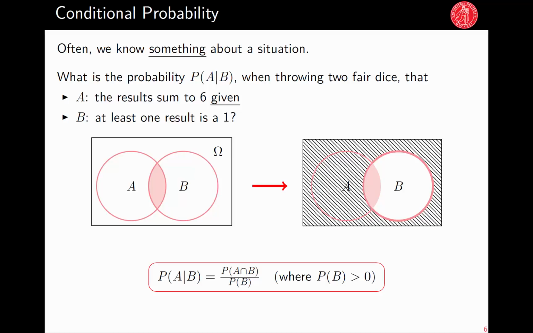That's no longer omega, the sample space, but the circle that corresponds to the probability of B, and hence we divide the joint probability by the probability of B, assuming that B has a non-zero probability to make that well defined.